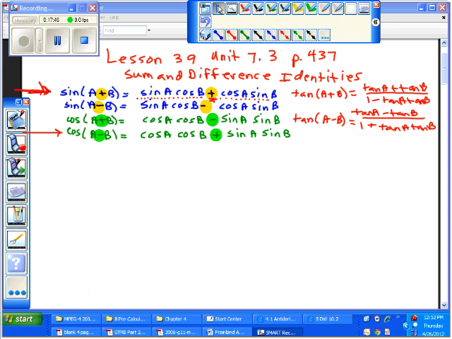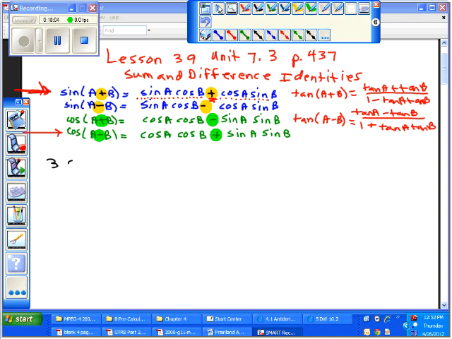Number 3 says, find exact values if x is between 0 and pi over 2, which means it's in quadrant 1, and y is between 0 and pi over 2, which means it's in quadrant 1. Okay, so we got two angles.